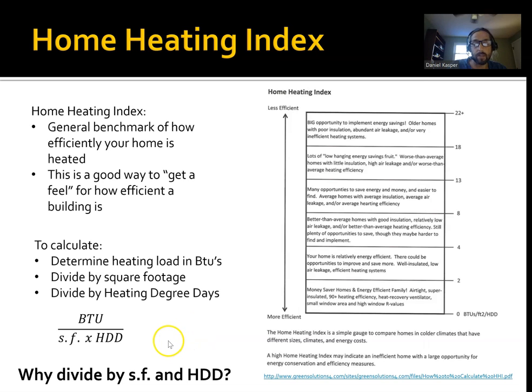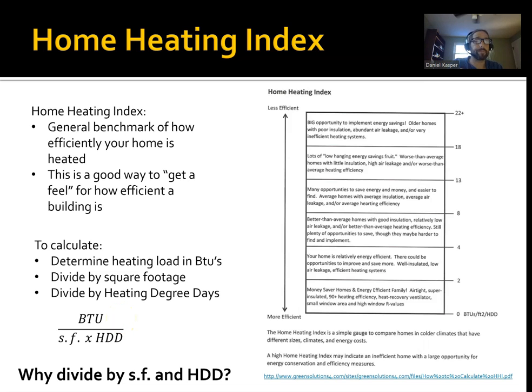Another thing that's important to consider is, why do we divide by square foot and HDD? If you have a really big house, you have more square footage, which means you would expect your BTU number to be higher.